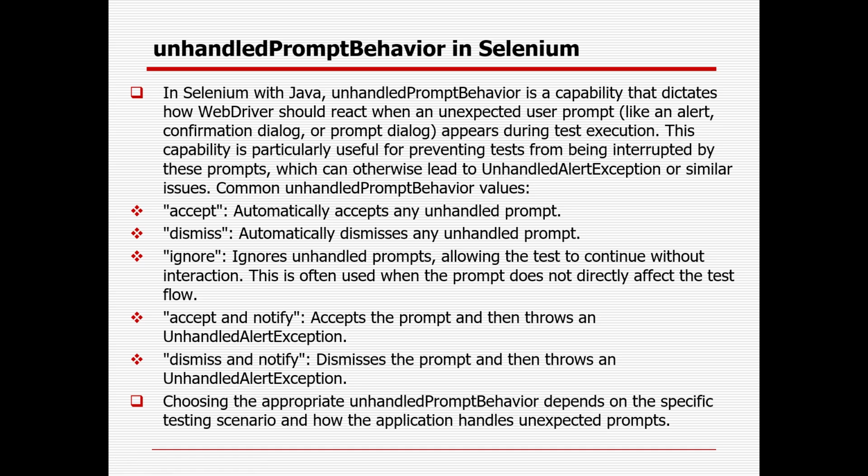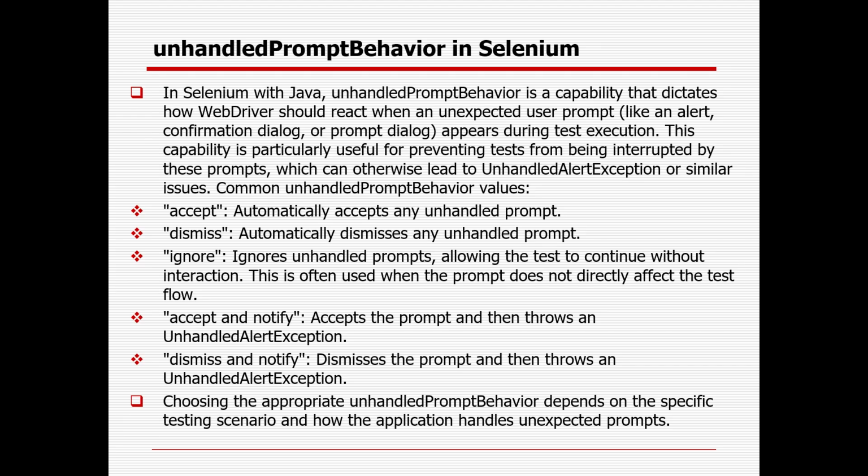In Selenium with Java, unhandled prompt behavior is a capability that dictates how WebDriver should react when an unexpected user prompt like an alert, confirmation dialog or prompt dialog appears during test execution. This capability is particularly useful for preventing tests from being interrupted by this prompt, which can otherwise lead to an unhandled alert exception or similar issue.